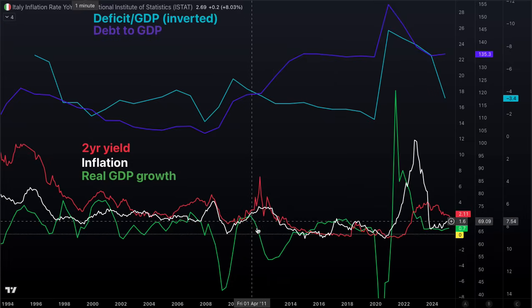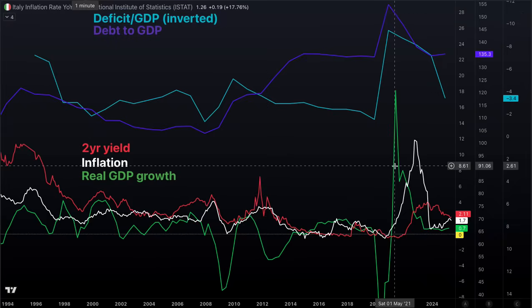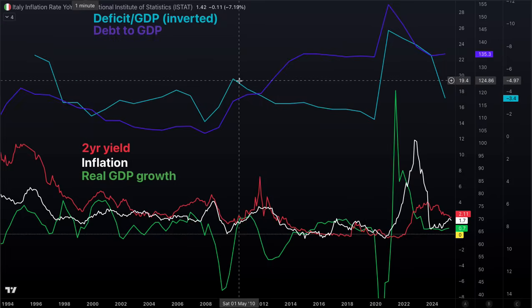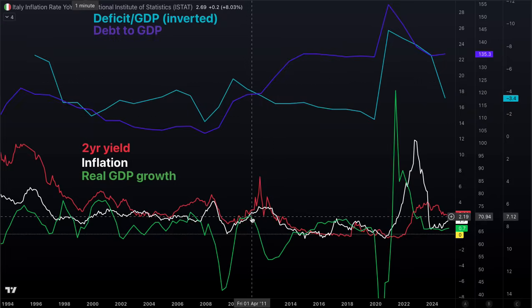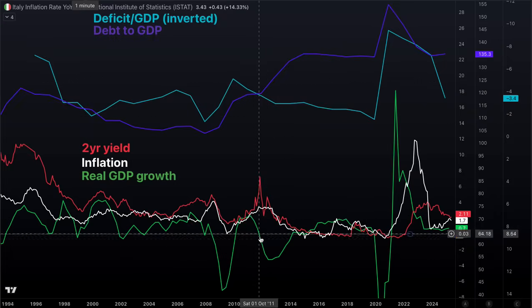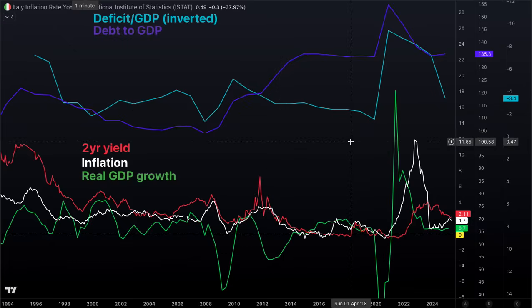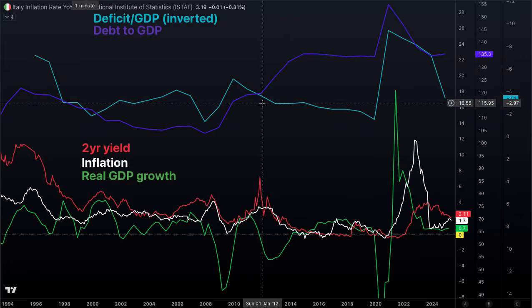And remember, GDP is the denominator in the debt to GDP. So this increases your debt load. You can be running a smaller deficit, but you're still running a deficit. And if your overall economy is falling so quickly due to austerity, that will cause debt to GDP to actually increase. And that's what we see.